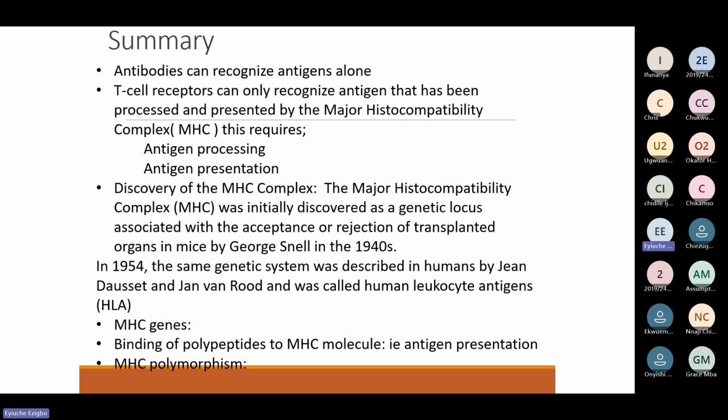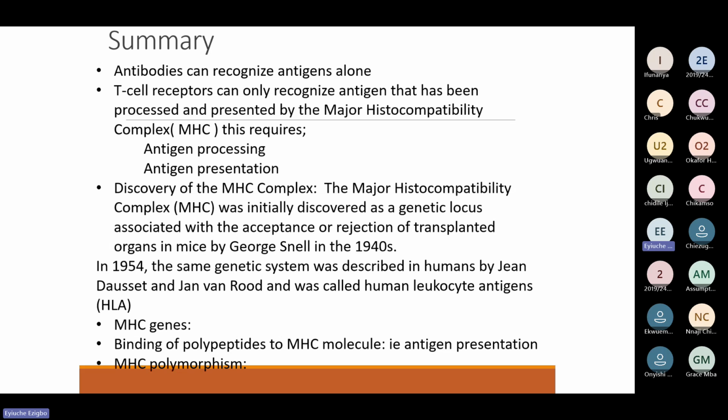Okay, we say that antibodies can recognize antigens alone. T cell receptors can only recognize antigens that have been processed and presented by the major histocompatibility complex. This requires antigen processing and antigen presentation.